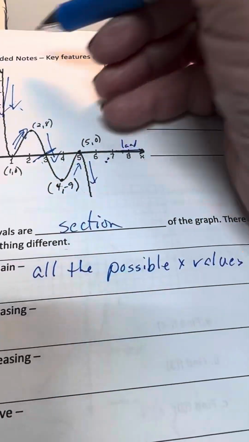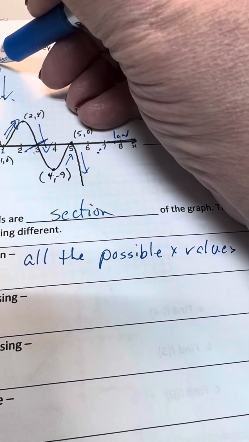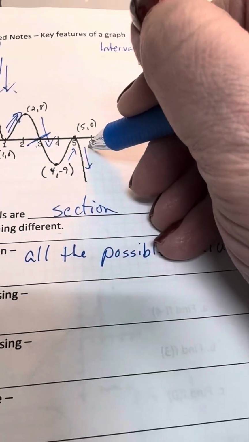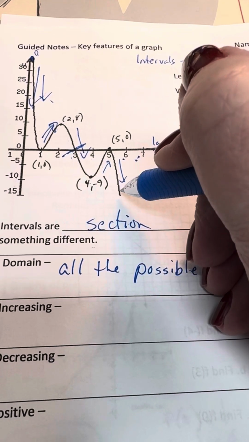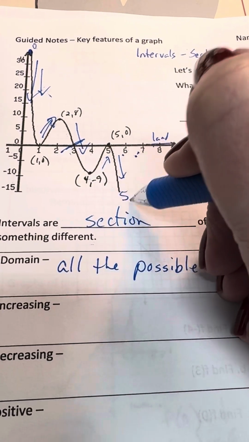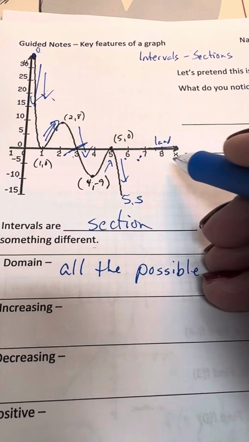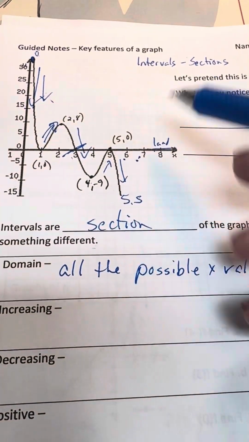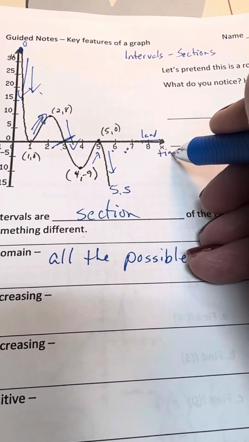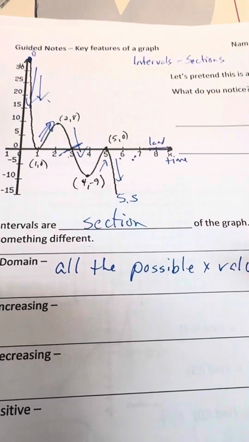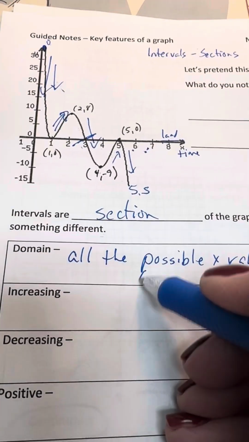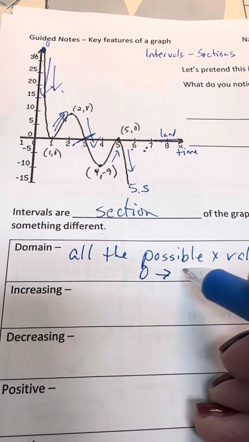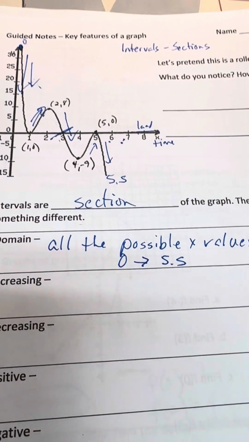So if we were looking here, it looks like we kind of start at 0 and we went to maybe 5.5 seconds. So obviously if this was a roller coaster, this would be time, x. So it would be from 0 seconds to 5.5 seconds would be our domain.